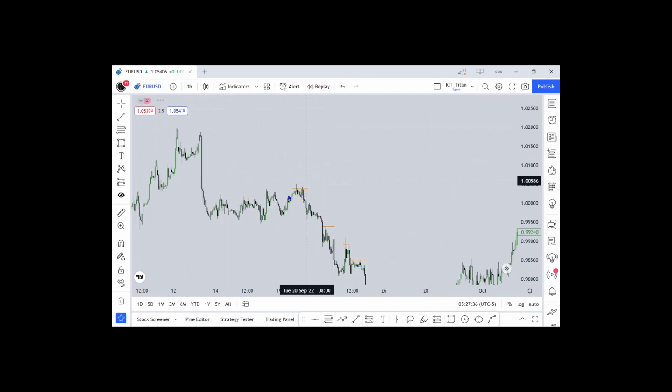And after identifying this, you encounter a downward fair value gap that broke structure. This probably was caused by a news move. You want to highlight this one.